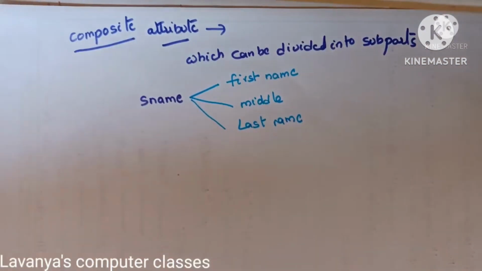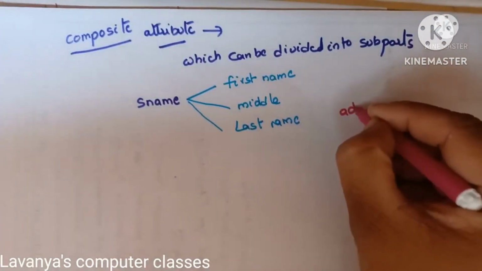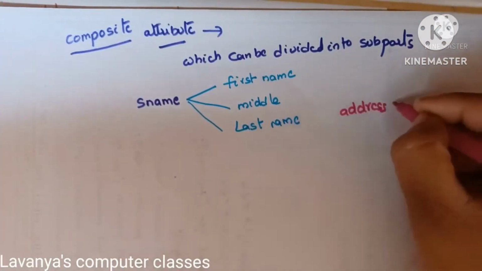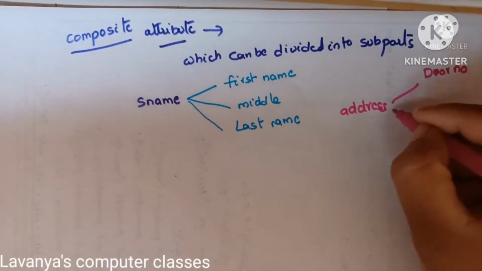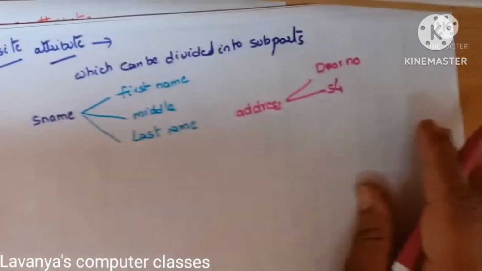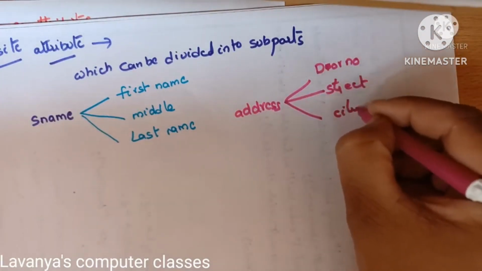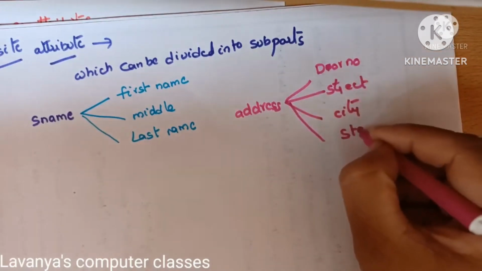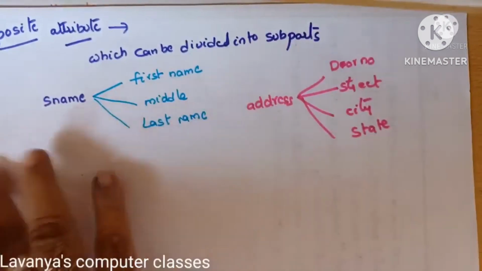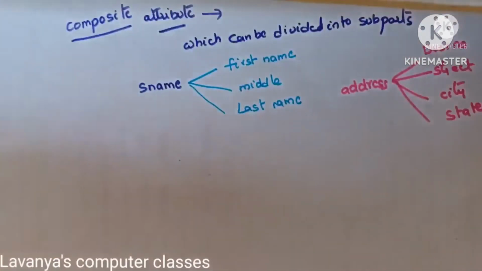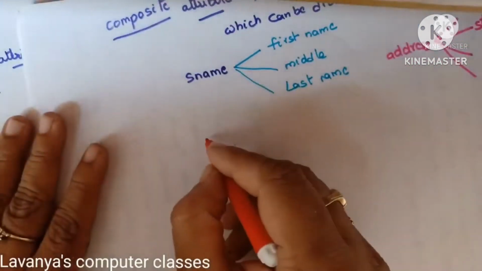Address is also an example of a composite attribute because it can be divided into door number, street, city, state, pin code. Any attribute that can be divided into subparts is known as a composite attribute.